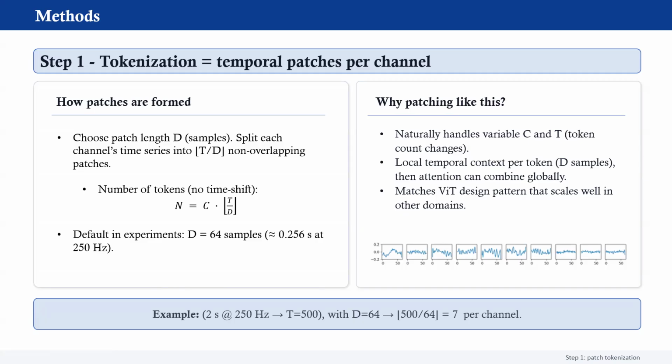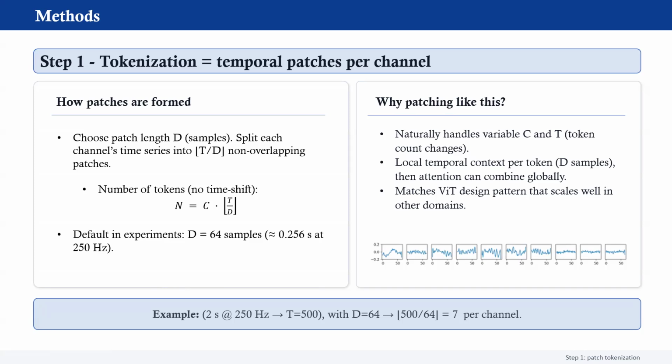Either you take the first channel, compute all the patches, then do the second, put all the patches, then the third, and you put the patches channel by channel. That is a channel major ordering. The second can be a time major ordering, where you take the first patch across all the channels, then the second patch across all the channels.